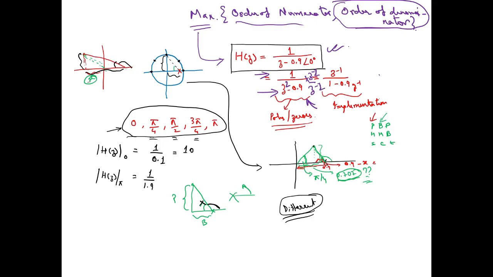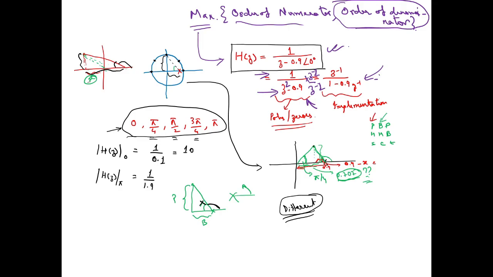So you need to find out the order of the denominator, and after finding it, multiply both numerator and denominator with z to the power minus of that order, to get the transfer function which can be used for the implementation of the system.